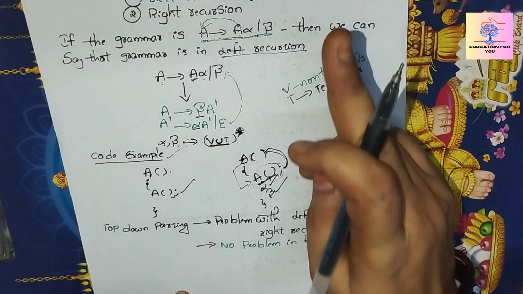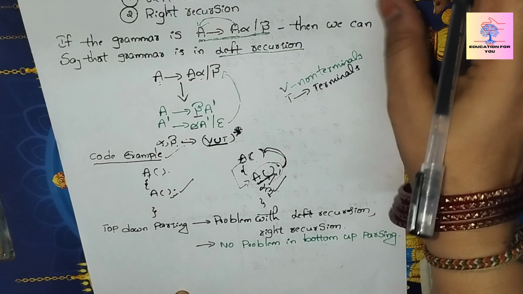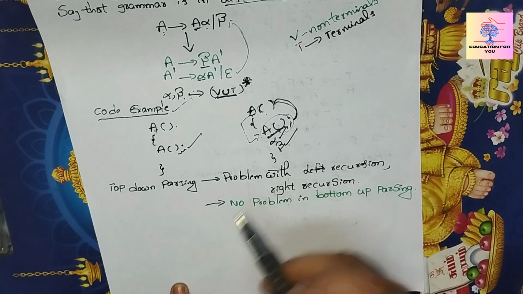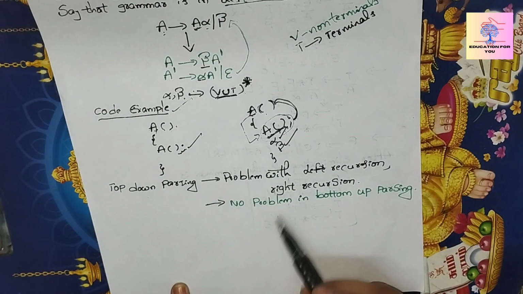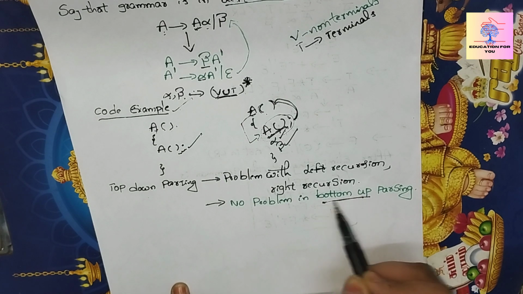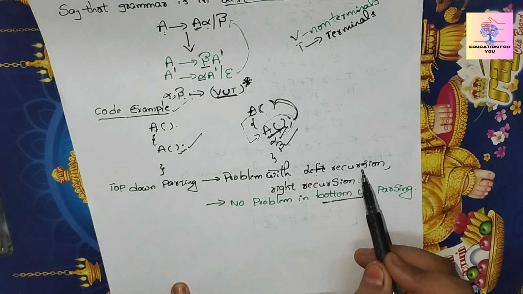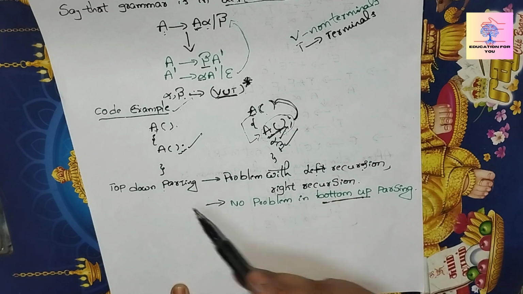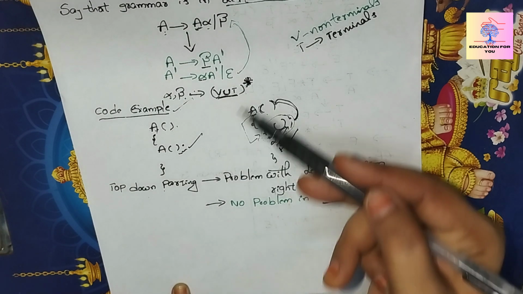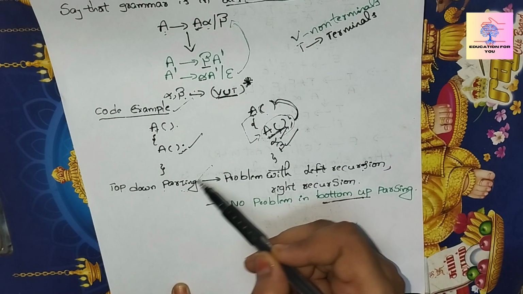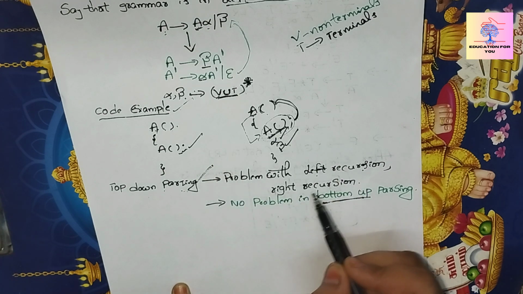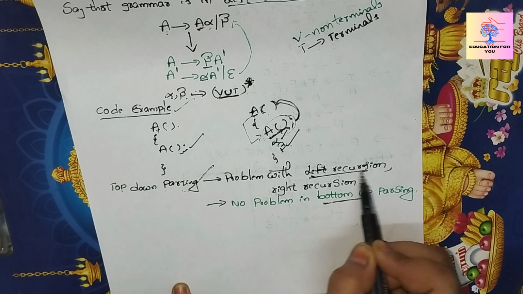You know that parsing is of two types. What are those two types? Top down parsing and bottom up parsing. Left recursion is a problem with top down parsing. If you are performing top down parsing and the grammar is in left recursion, that is the problem.